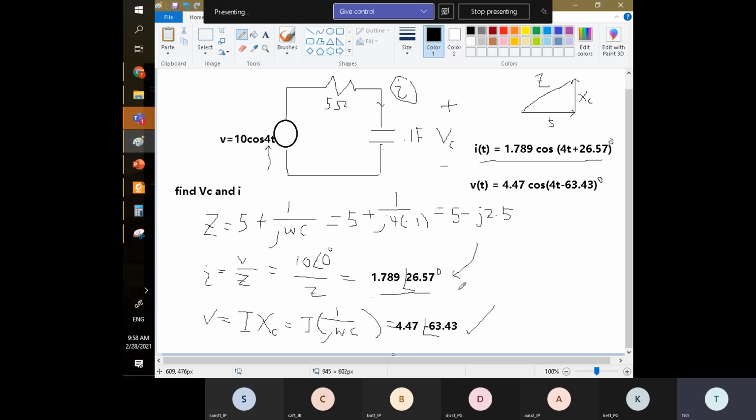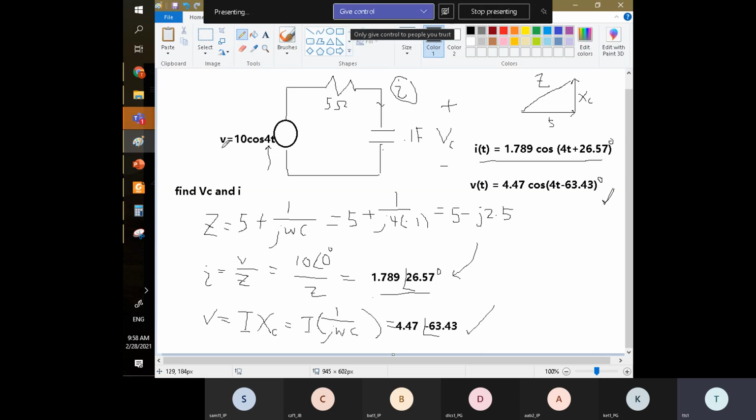Sometimes you can present the answer in phasor polar form, and this one is in the mathematical form. This one is easy to key into a program. If you are learning programming, you can use a C program or another language to key this in. The polar form is not easy to key in, so sometimes we need to convert to this form here.